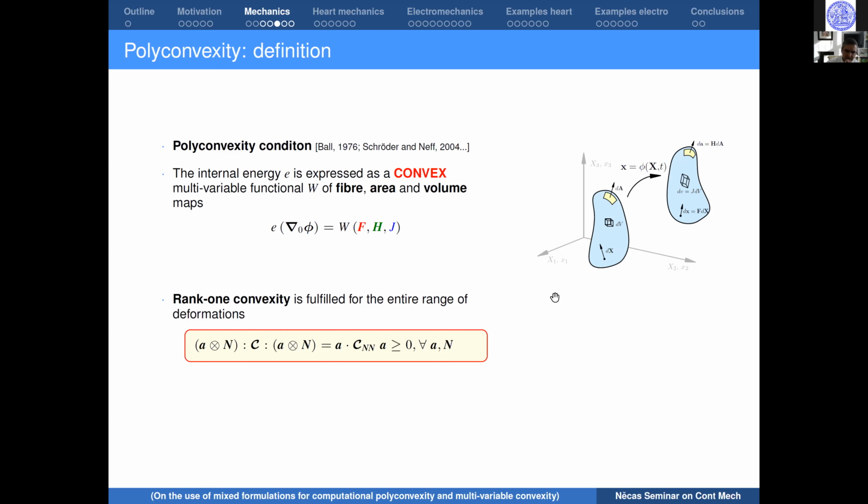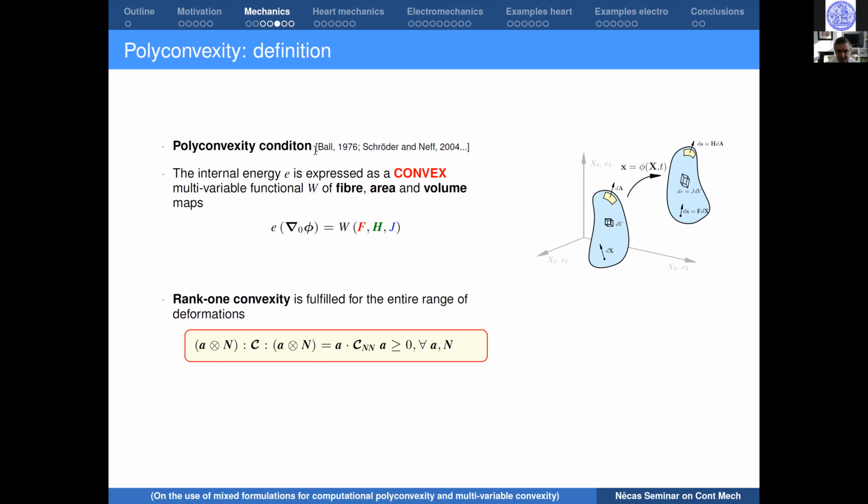The second element was the use of constitutive models that were well posed. As we are going to focus mainly on hyperelasticity and its extensions into electrohyperelasticity, we decided to exploit the paradigm of polyconvexity.